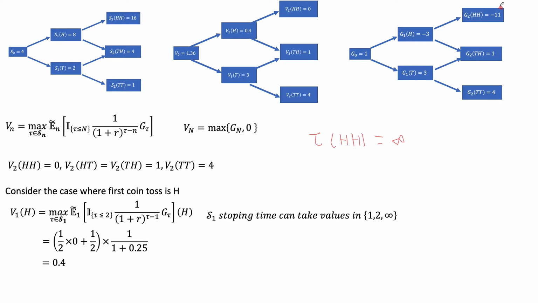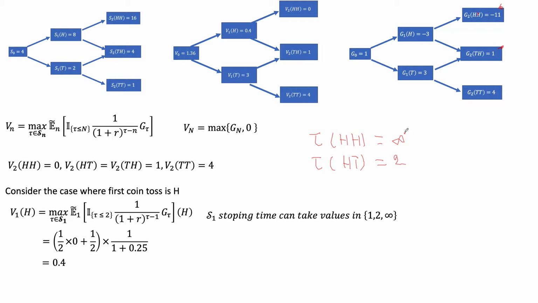However, if we get a head and then a tail, we come down to this node, we might want to exercise, right? So tau HT, we might want to exercise, and that will be exercising at time 2. This is actually the best strategy that we can use. And doing that, if you get a head, that means tau is plus infinity.